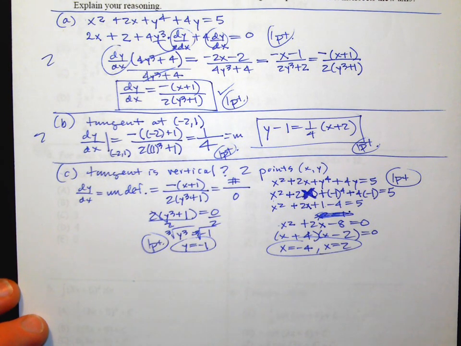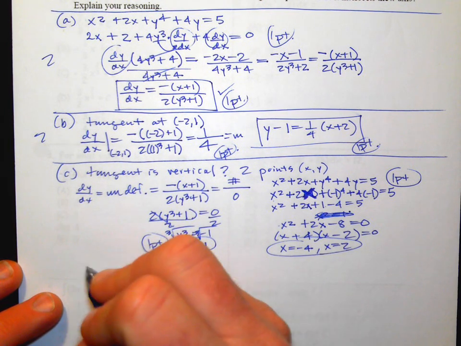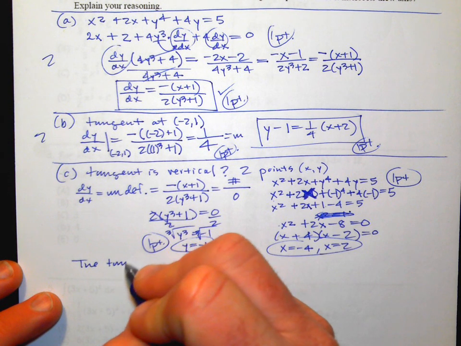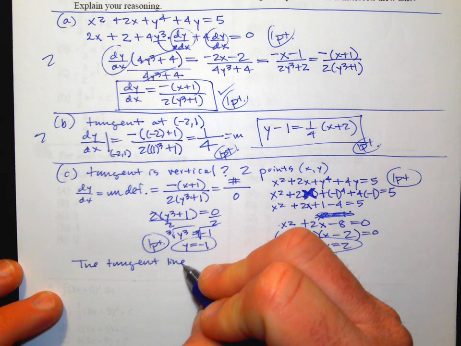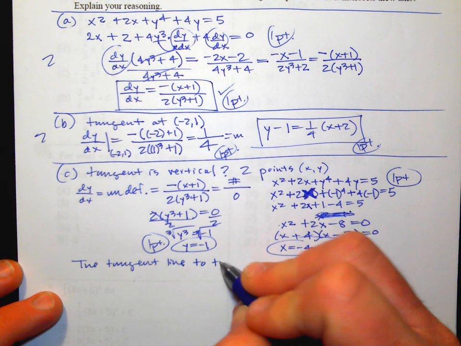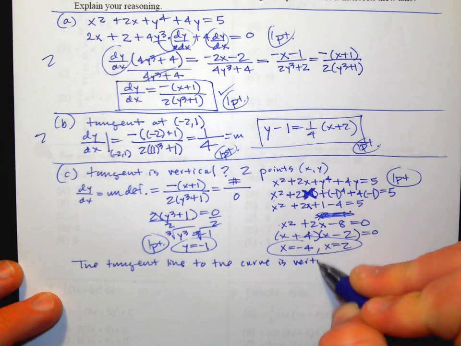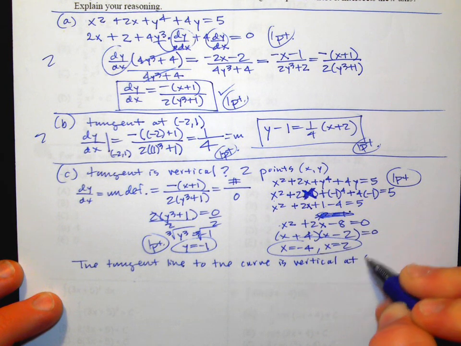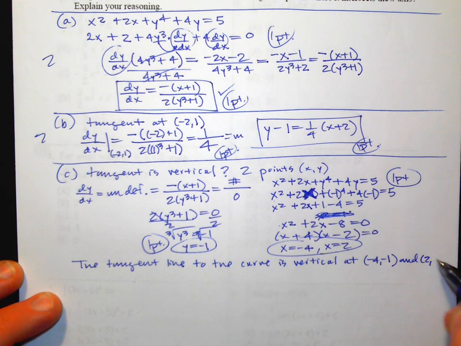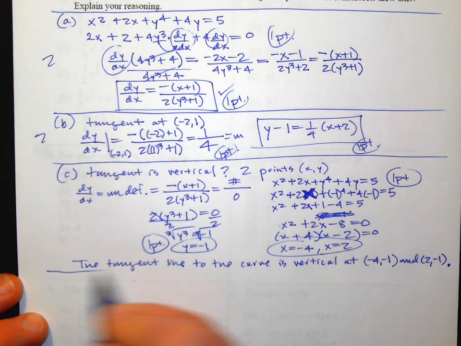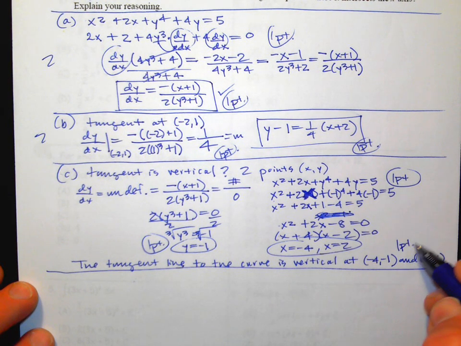So the tangent line to the curve is vertical at (negative 4, negative 1) and (2, negative 1). X first, y second. So that's a point for finding the final answer.